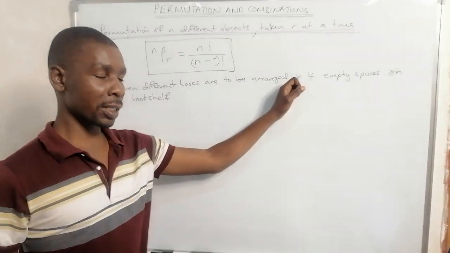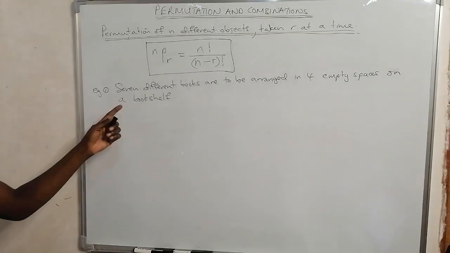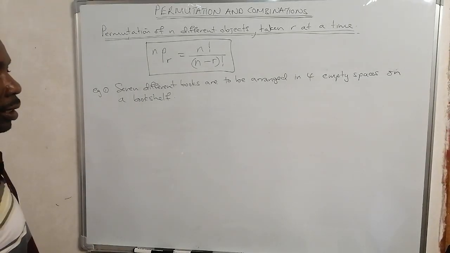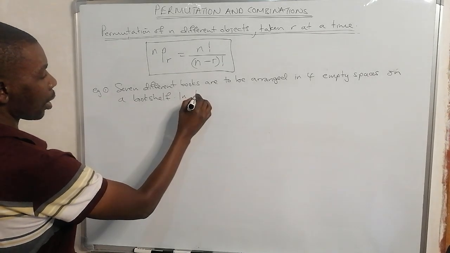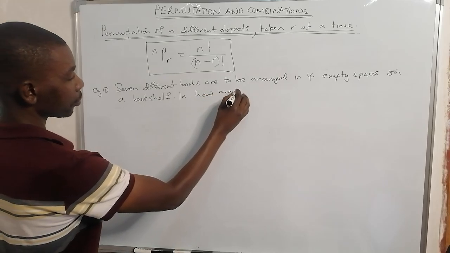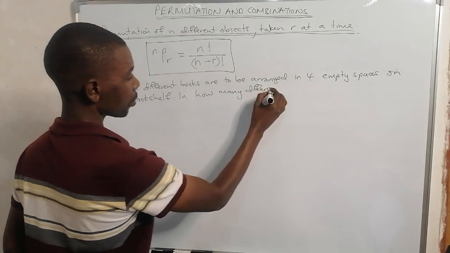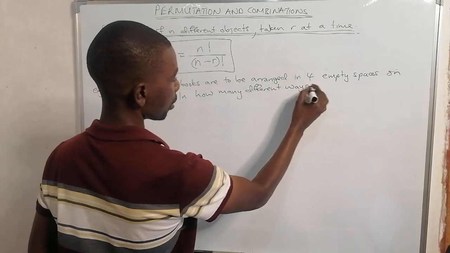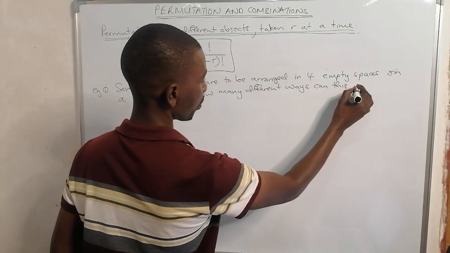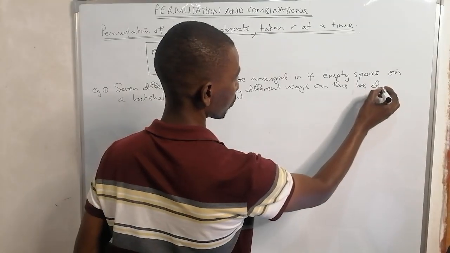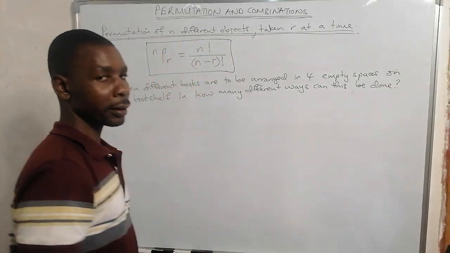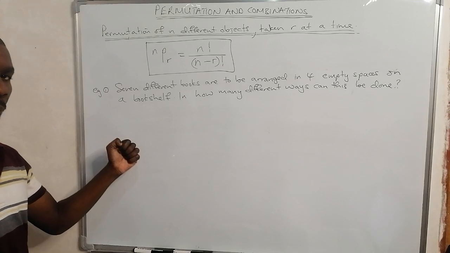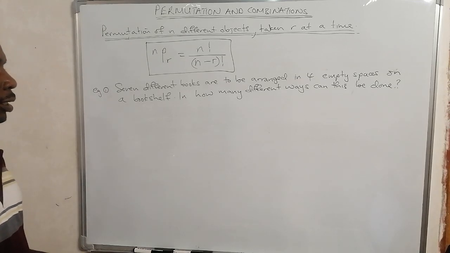Remember, there are 4 empty spaces, but we have 7 books. So in how many different ways can this be done? So we have 7 different books, but we want to arrange them in 4 empty spaces on a bookshelf.